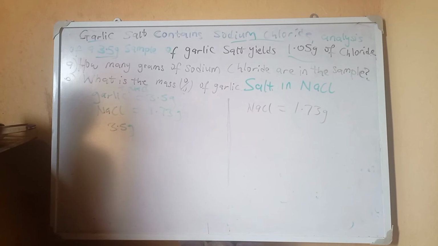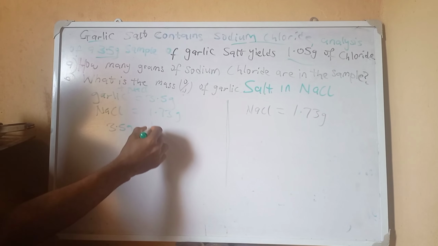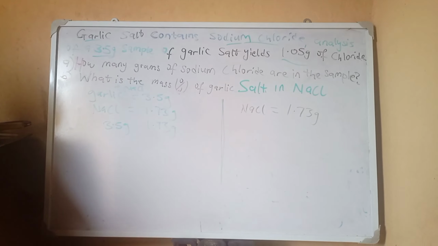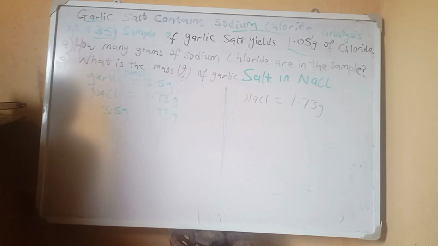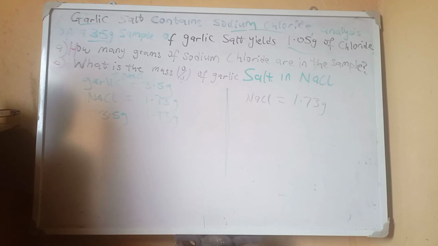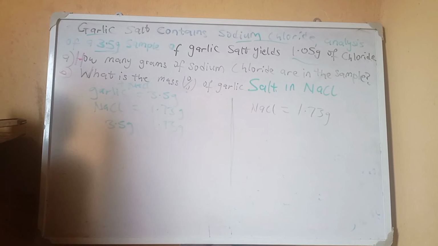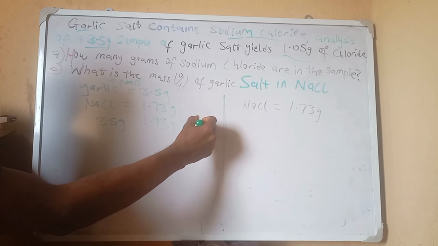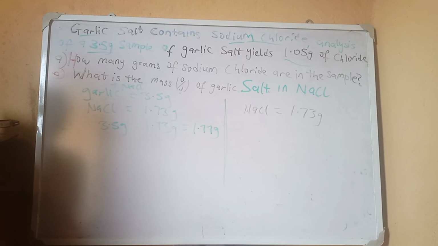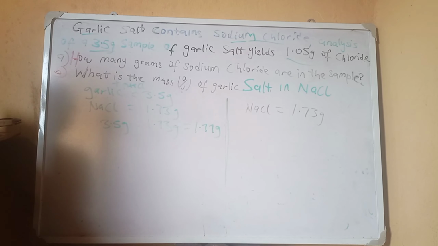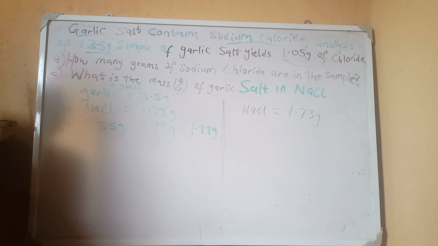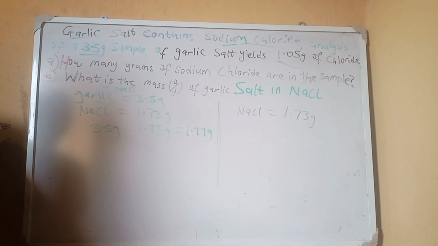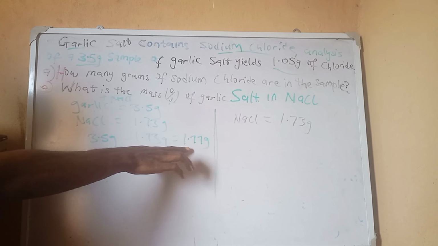So the mass of the pure garlic will be 3.5 minus 1.73 grams, and that will give us 1.77 gram. So this is the mass of pure garlic, assuming that there is no other impurity, because here I have to consider sodium chloride as an impurity. So this is the actual mass of the garlic.